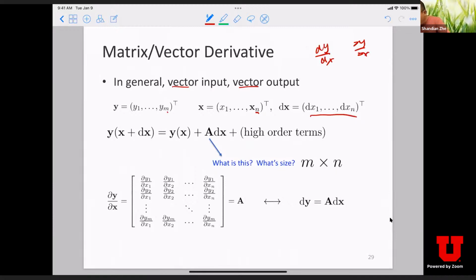So we can write that after you perturb your input vector x by dx, the vector function output y can be written as the vector function y at x plus A times dx plus some higher-order terms. Then we define partial y over partial x equal to A, or the derivative of y, dy, equals A times dx.